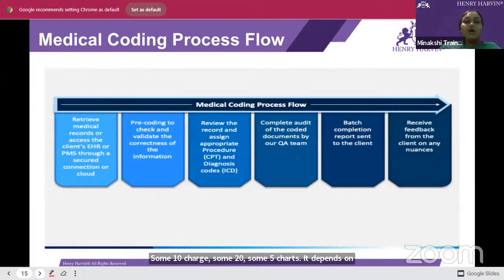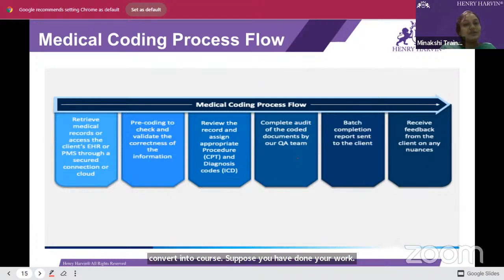It can be 100 pages, sometimes 50 pages, sometimes 30, 40, and it can go beyond 200 pages. Based on the length of the pages, you will be given reports, charts, which you can call medical charts. Your work is to read all the charts and convert them into codes. Correct? Convert into codes. Suppose you have done your work.